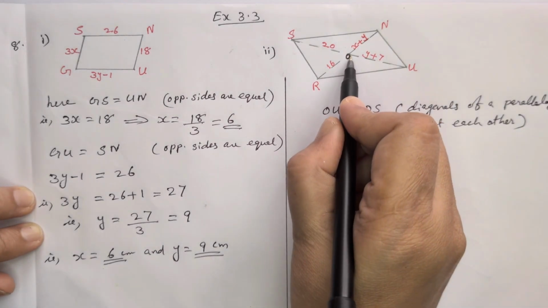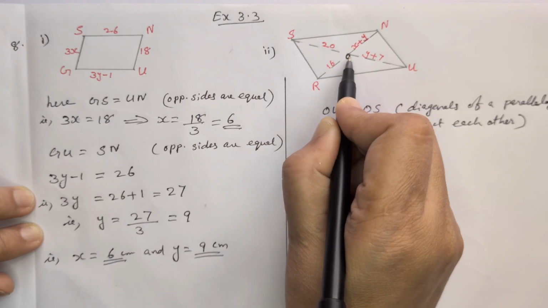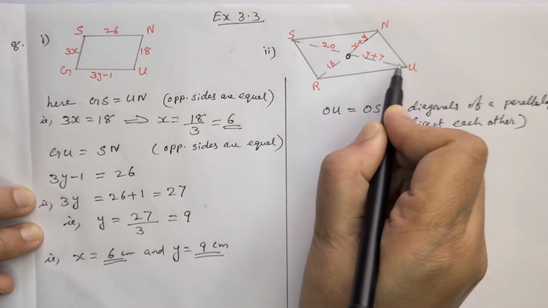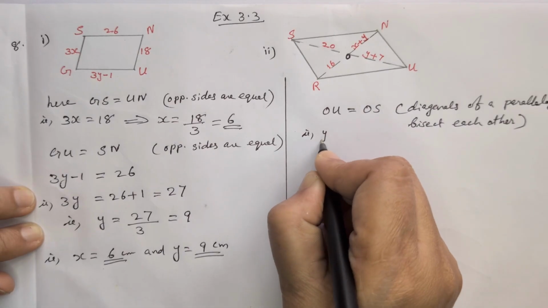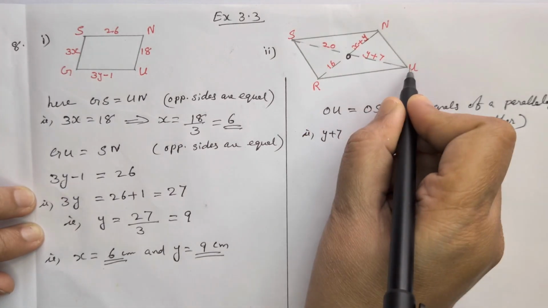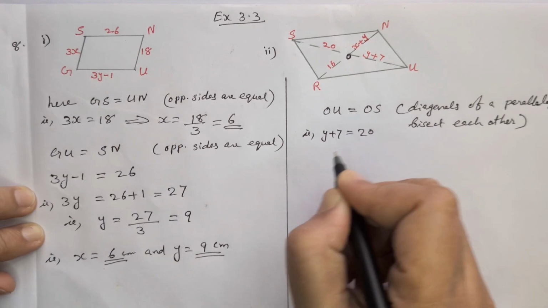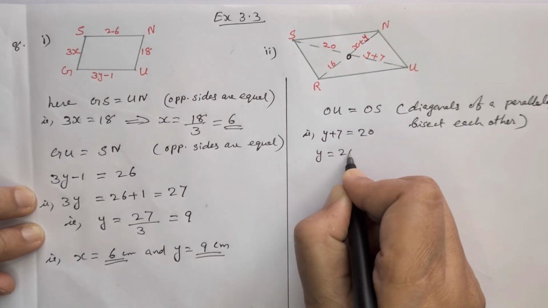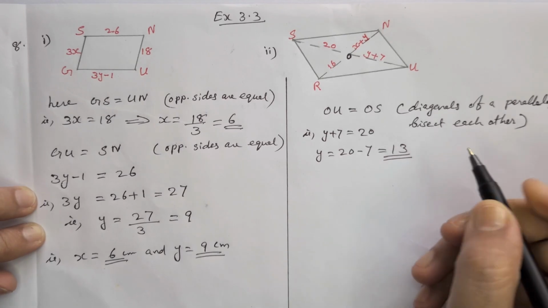So we can write the distance or the length from the center or intersecting point O to U. OU is equal to OS. That is y plus 7. OU is y plus 7. This side is 20. So y is equal to 20 minus 7 is equal to 13.